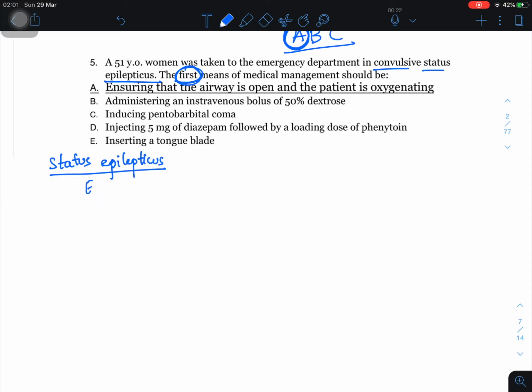Status epilepticus is defined as epileptic seizures occurring 5 or more times in a day, or the other definition is lack of recovery, or you can also say lack of consciousness.